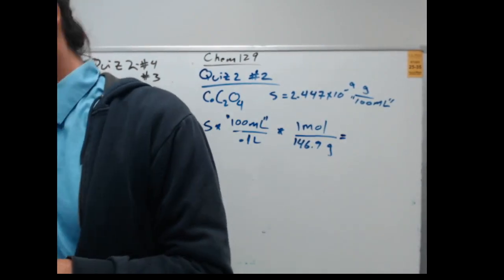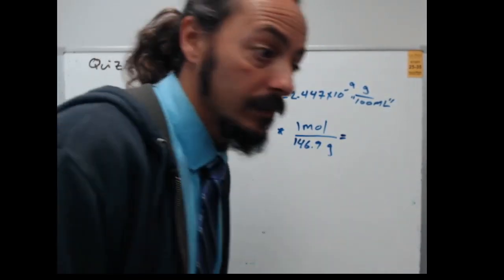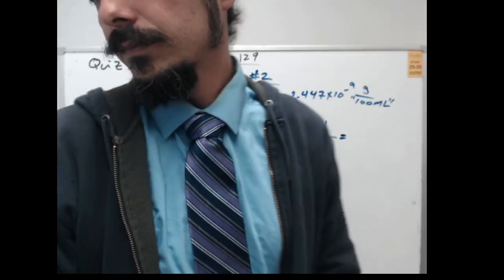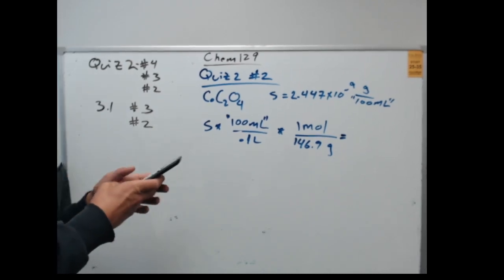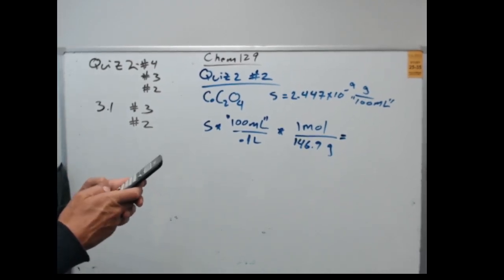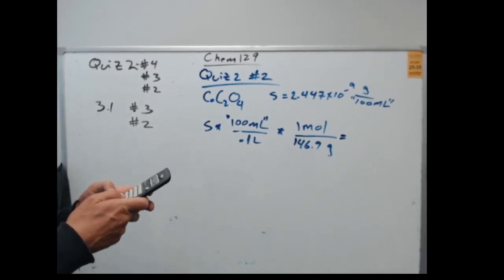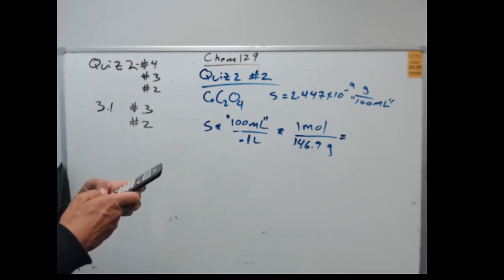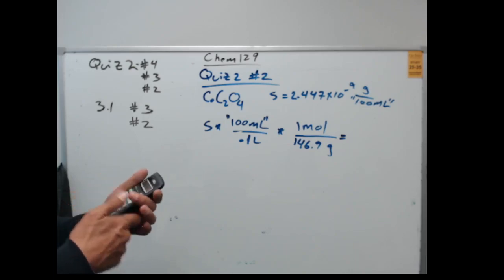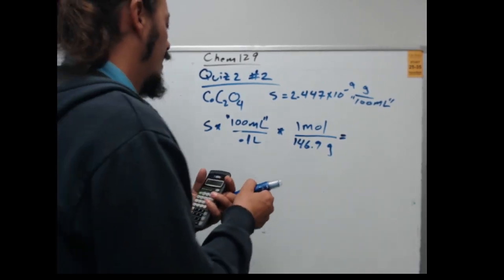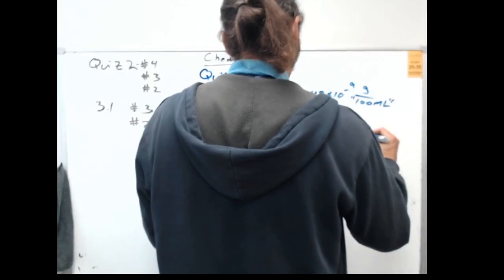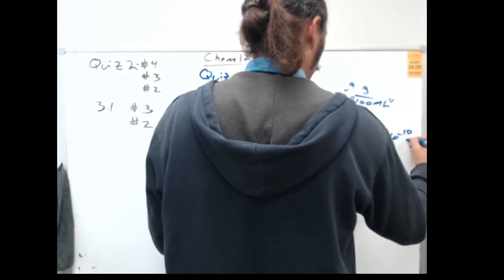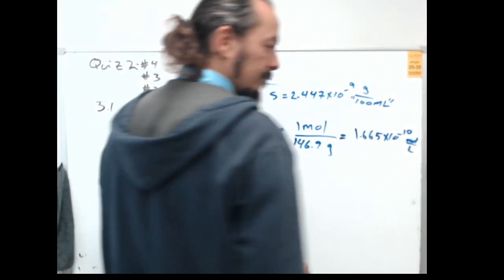If I had a calculator handy, you can all follow along. I'm going to do 2.447 times 10 to the minus 9, my small solubility, divided by 146.95, divided by 0.1. So I get a molar solubility of 1.665 times 10 to the minus 10 moles per liter.